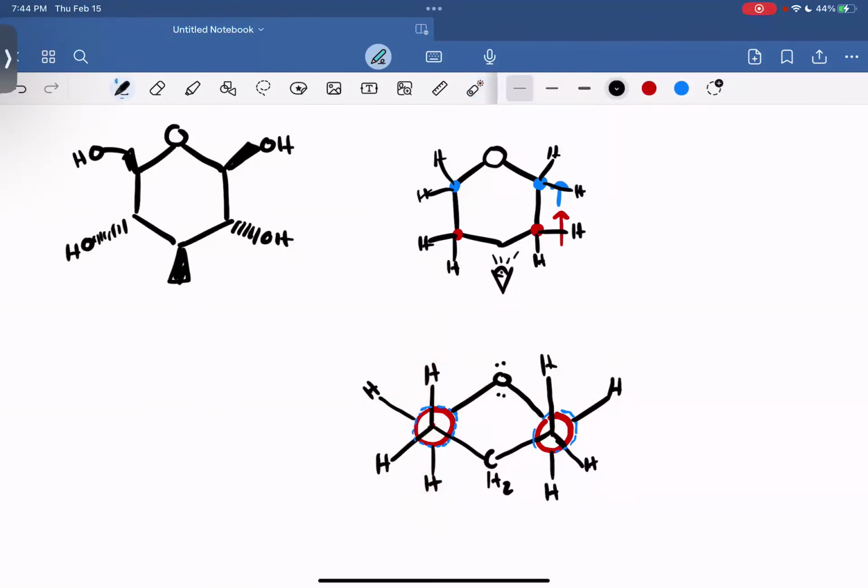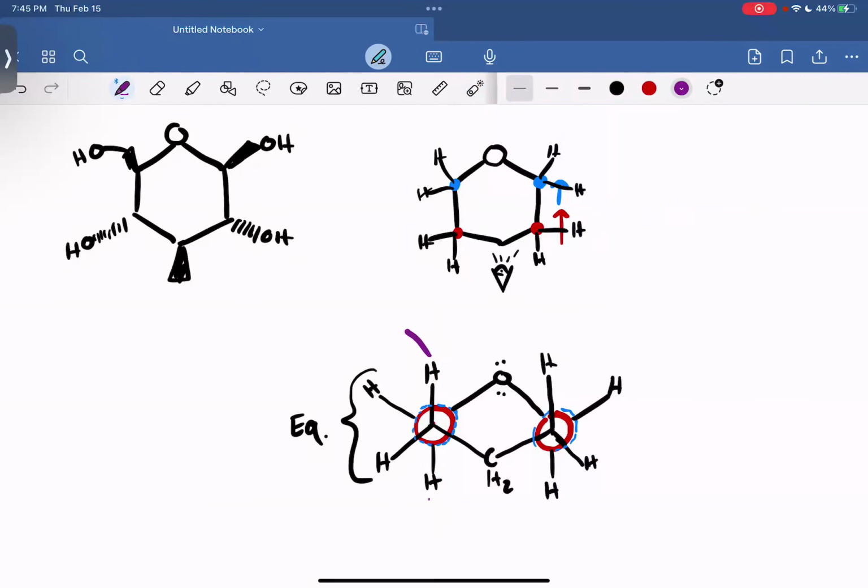So these guys would be equatorial, and let's get a different color. This one and this one would be axial. Same here, axial, axial, while these guys are equatorial.